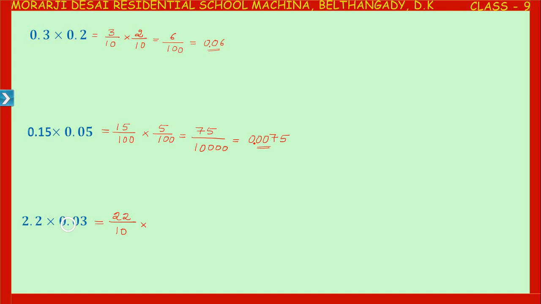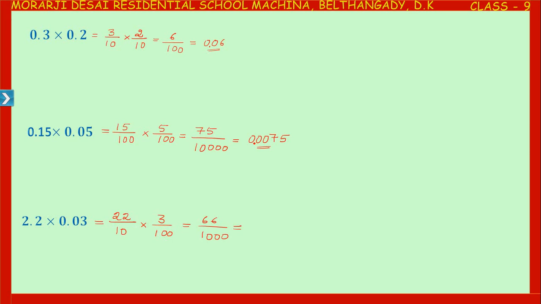If we remove the decimal point, this is 003, that is 3, by, after the decimal point we have tenth place and hundredth place, so in the denominator I have to write 100. Now 22 threes are 66 by 10 into 100, after that count the number of zeros, 1, 2, 3, 3 zeros. So 66 by 1000.